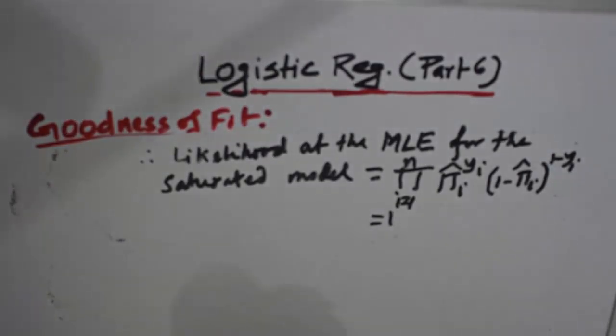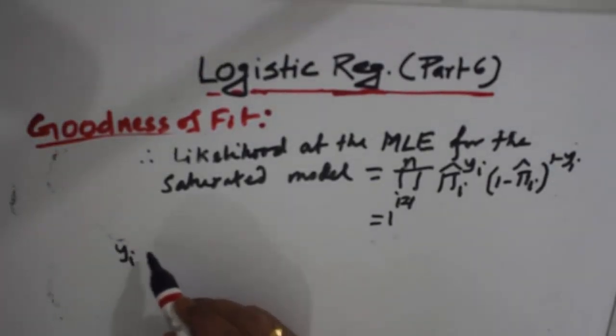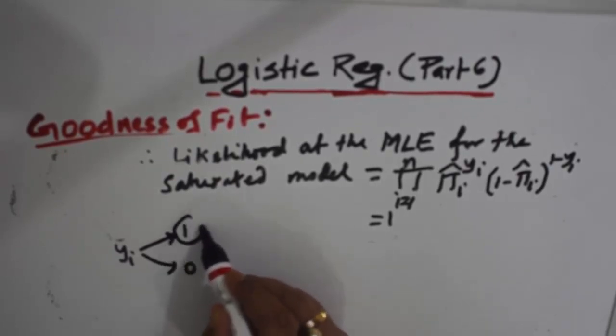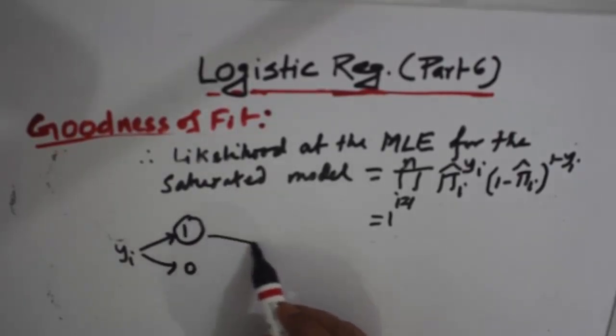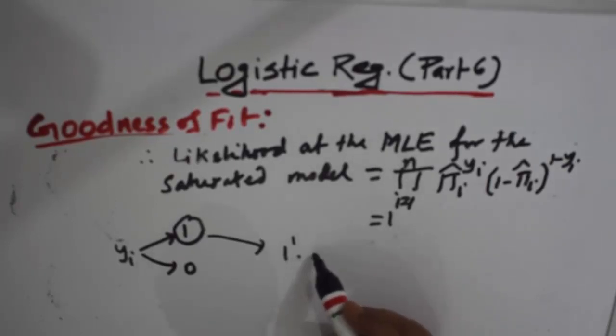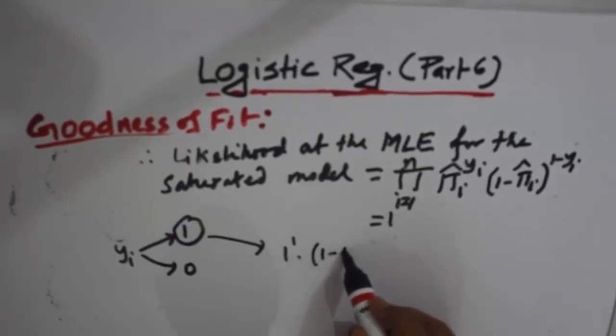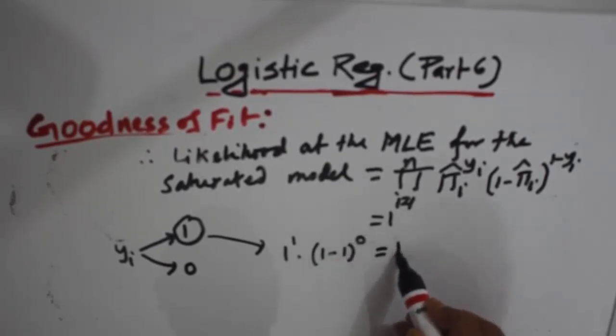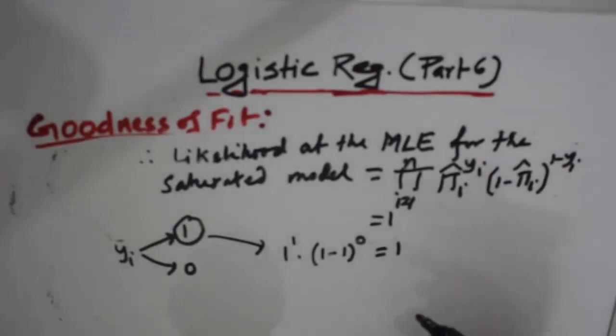See, yi takes two values, either 1 or 0. If yi takes 1, then it is 1 to the power 1 into 1 minus 1 to the power 0, that should be 1, because anything to the power 0 is always 1.